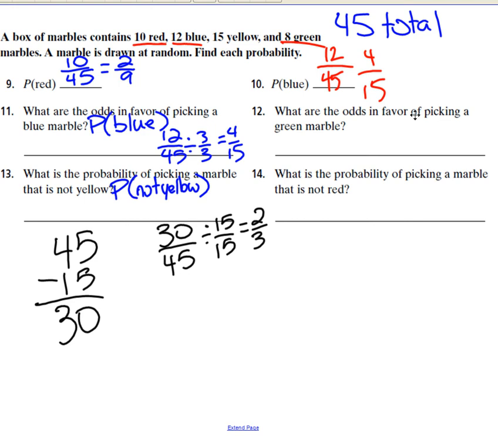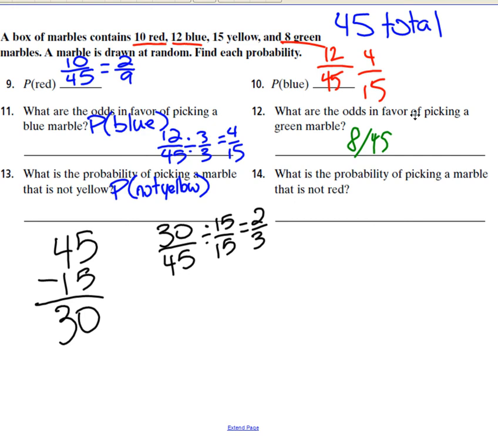All right, number 12. Miguel, you doing number 12 for us or no? Go, Miguel. Okay, there are 8 green marbles out of 45.